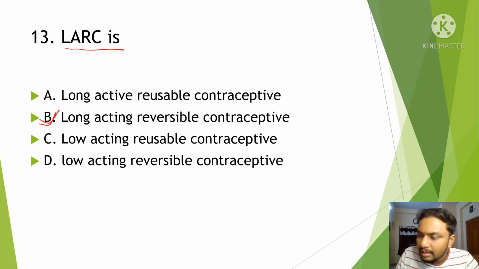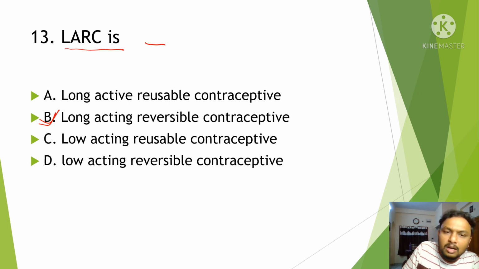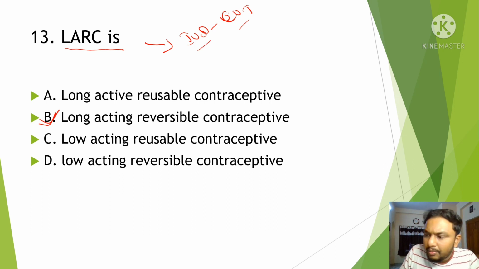Examples are IUDs or IUCD, like copper T, intrauterine copper devices. Copper T is a best example for the long-acting reversible contraceptives.